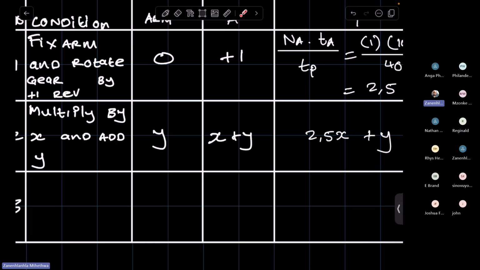So multiplying the first condition by x, for instance, for this column for the arm, it's going to be x times 0, which is 0. And then you add y, so this will only be equal to y. Then for this one, multiplying by x gives us x, then you add y.